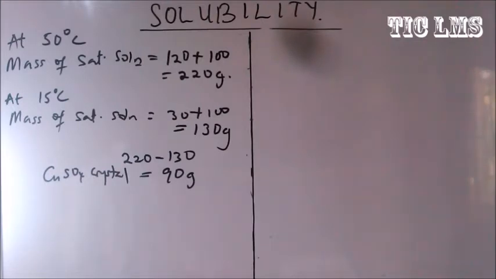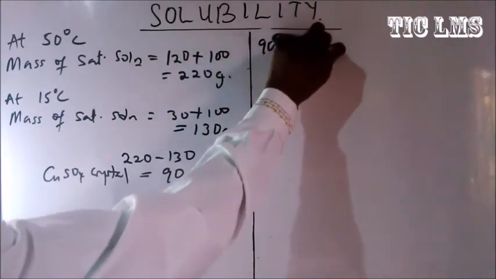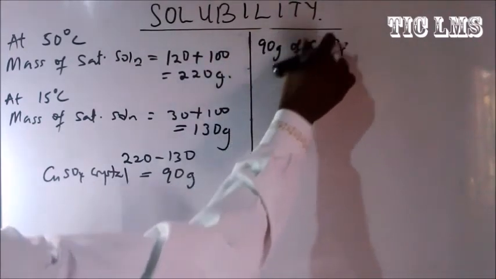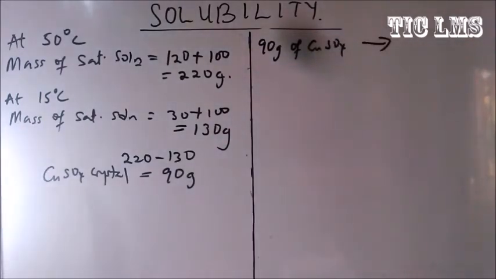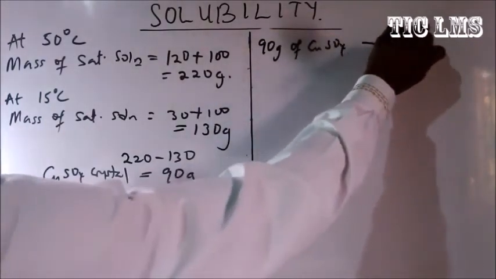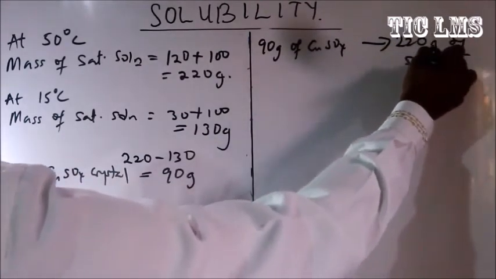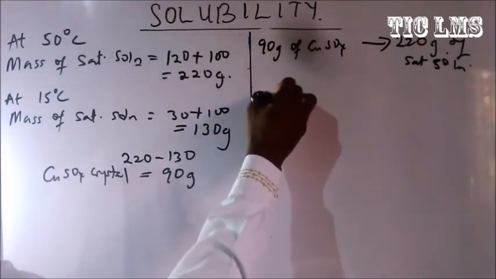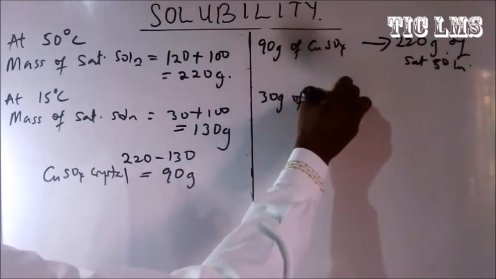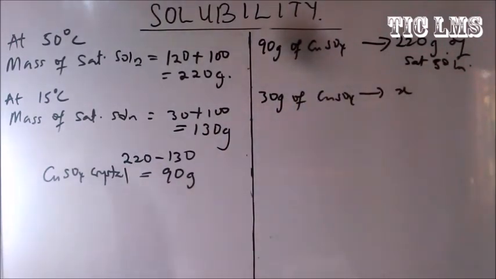From here, we have that 90 gram of CuSO4 crystal was deposited when 220 gram of the saturated solution was cooled from 50 to 15. So if we have 30 gram of CuSO4, what is the mass of saturated solution we must have had?